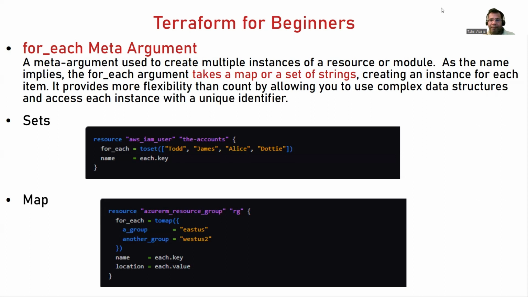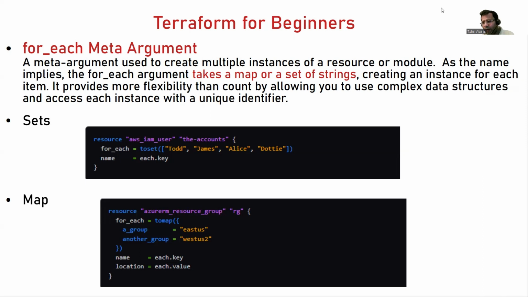So the basic difference between for_each and count is, if you have a constant consistency of creating the resource with instance type T2 micro, that's where you use count. But if you want something dynamic to happen, that's where for_each comes in.